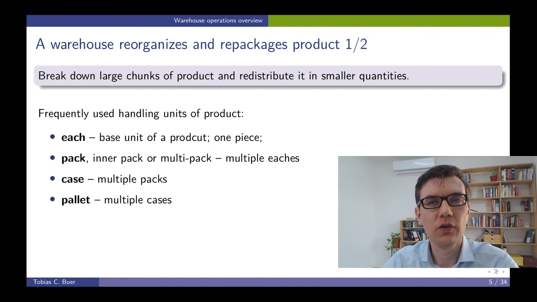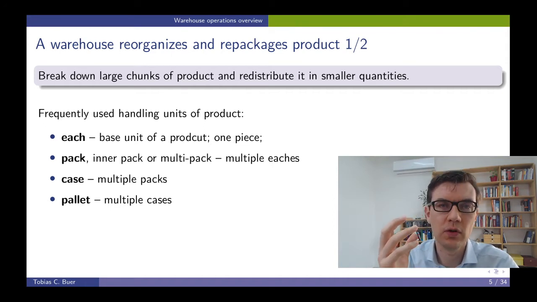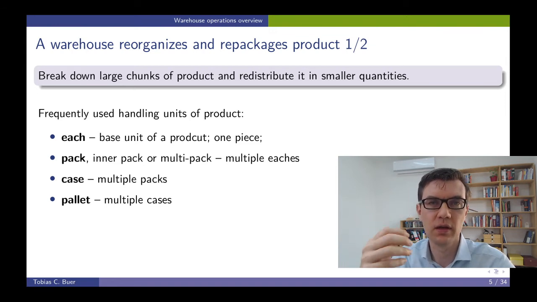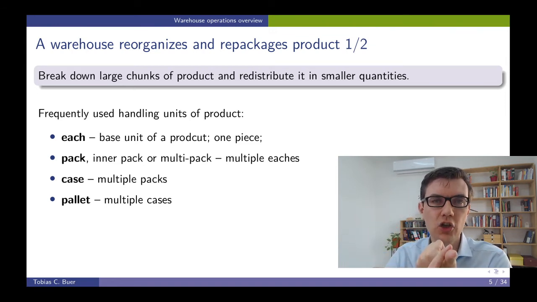And therefore, we need to know, first of all, the different handling units of products. A typical and the most popular handling unit of product inside a warehouse is a pallet. We can move a pallet around with a forklift very easily, and storing and retrieving a pallet is very easy, so most warehouses use pallets.